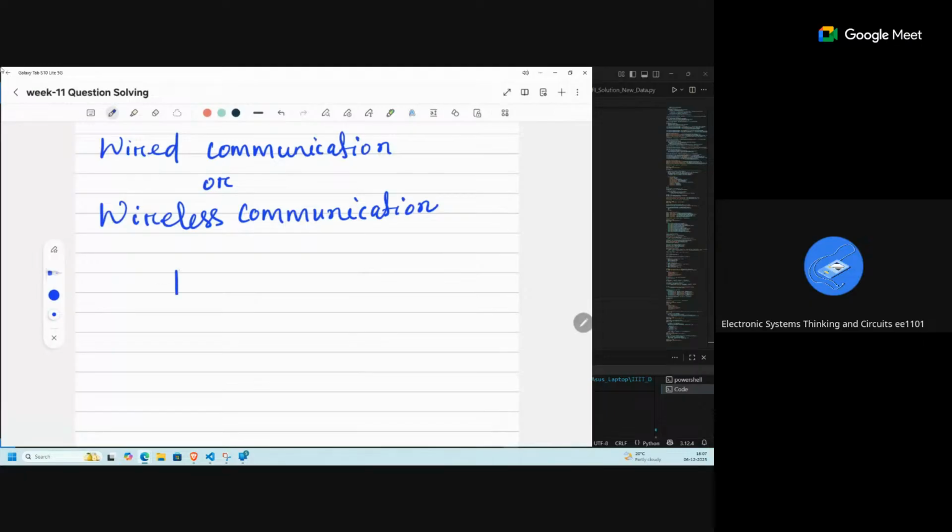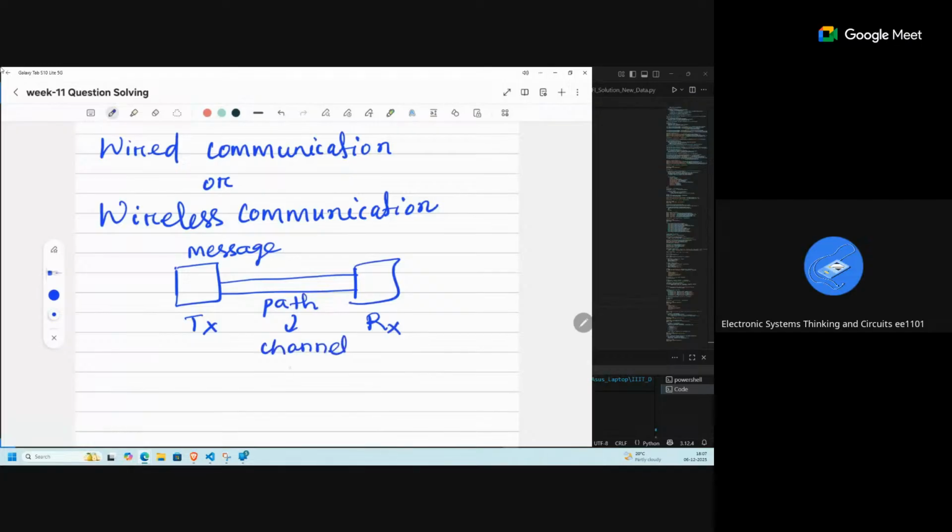If we have some device here, I can say one is a transmitter and one is a receiver. From the transmitter, if you are sending some message signal, that message signal will be transmitted from the transmitter to the receiver through this path, and this path is nothing but known as the channel, and this channel may be of two types.